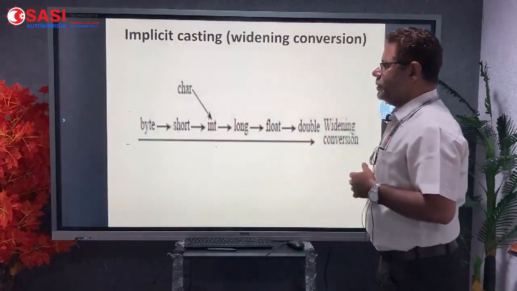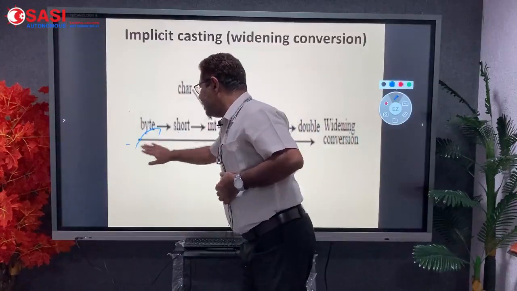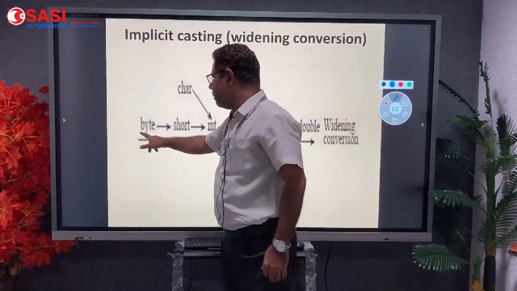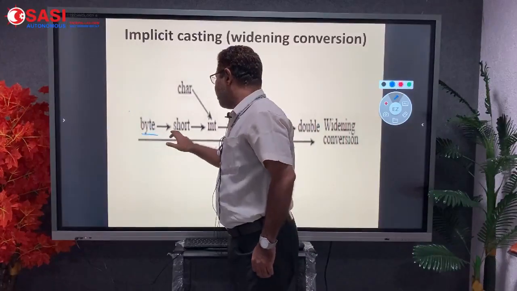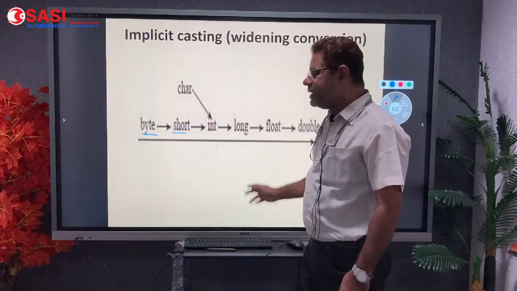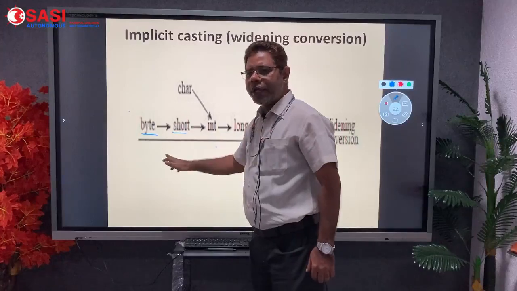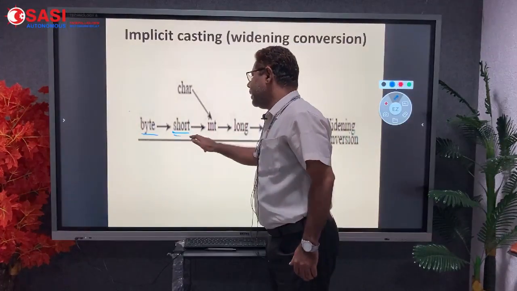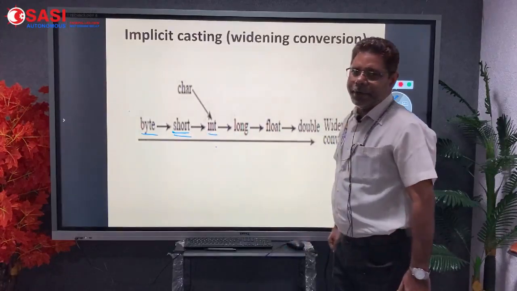Here the diagram is, the byte is the lower size compared to short. That means the byte is converted into the short. Similarly, short is the lower size compared to int. That means short is easily converted into the int.